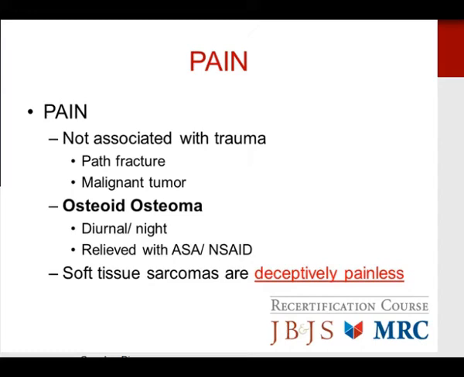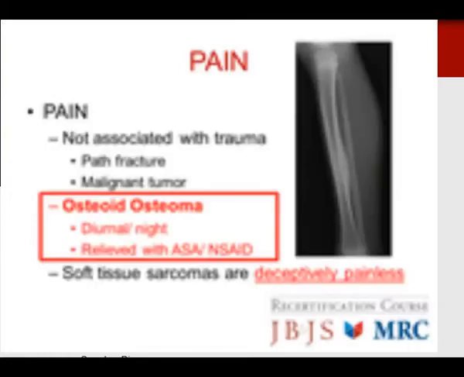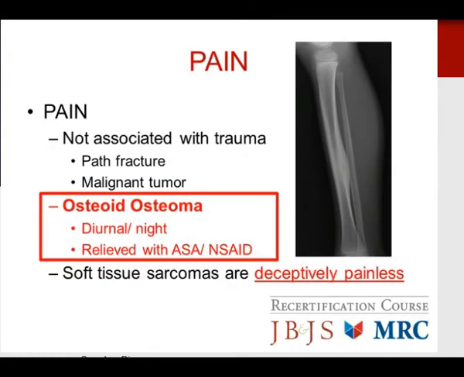These patients don't have weight-bearing pain, they don't have pathologic type pain, but they have pain that occurs in a diurnal pattern. It may occur at 2 in the morning and 2 in the afternoon. Patients will tell you that it is immediately relieved with an aspirin or an anti-inflammatory medication. This is really important because the pain pattern for osteoid osteoma is so specific, it's very easy to test.